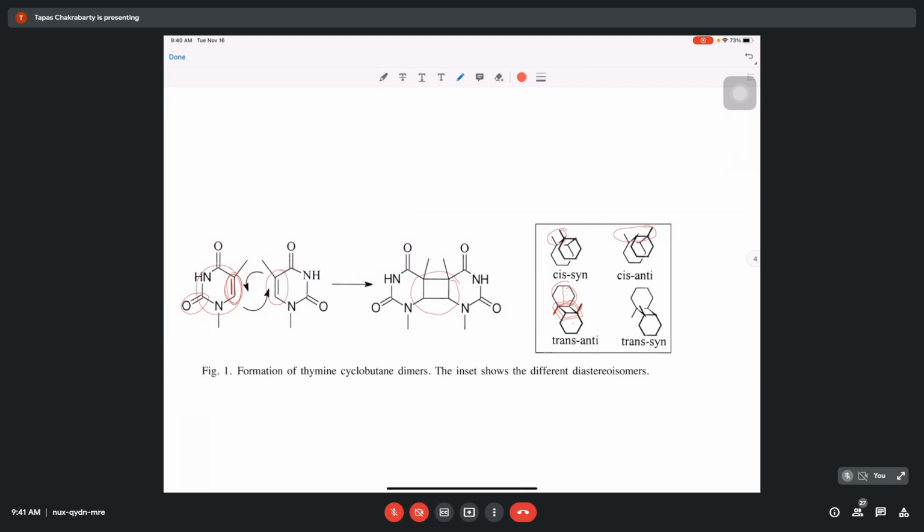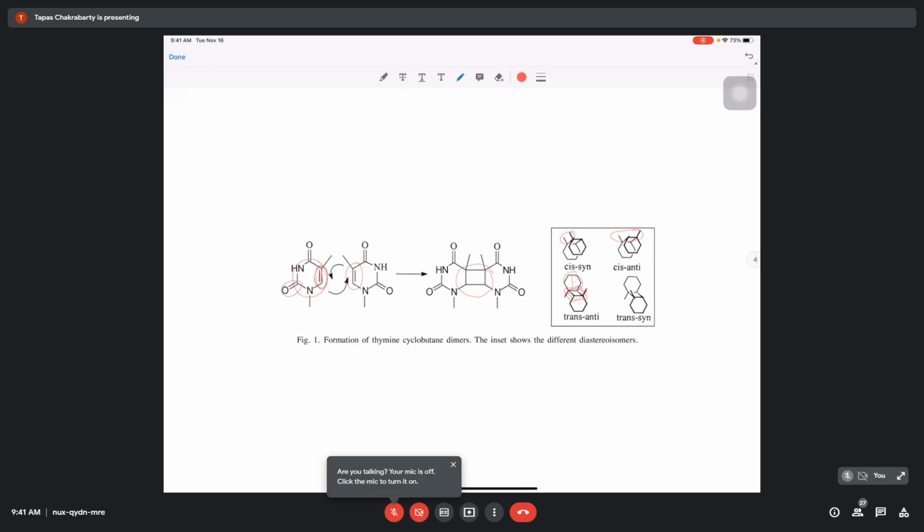So I repeat once again that although you have 4 different kinds of bases, it has been observed that the thymine base is the most photochemically active. It is not that adenine and guanine do not undergo any chemical reactions in the presence of light. There are different kinds of reactions, but this is the most frequent reaction that has been observed. Anything you want to ask up to this stage?